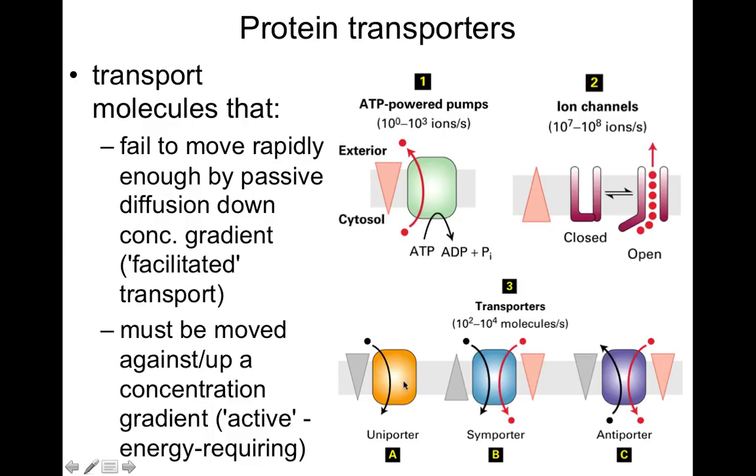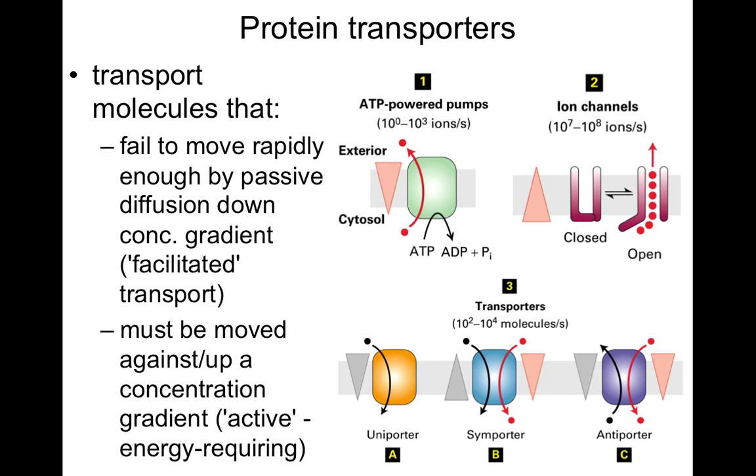Other examples would be a uniporter. A uniporter is simply a protein channel or an embedded protein within the membrane, and it will basically help to transport a molecule from an area of high concentration to low concentration. So it helps assist it go down the concentration gradient. We're going to see this example with glucose.